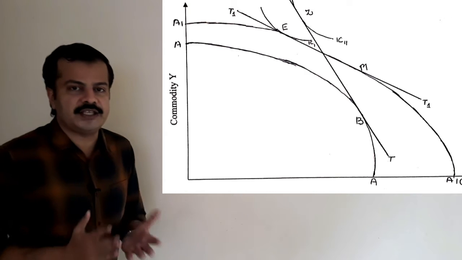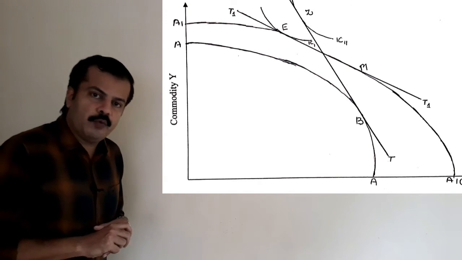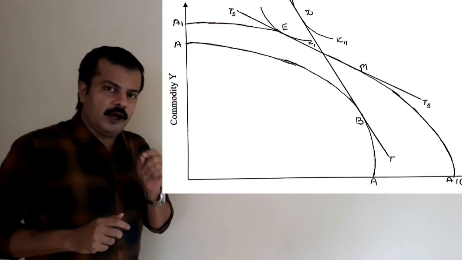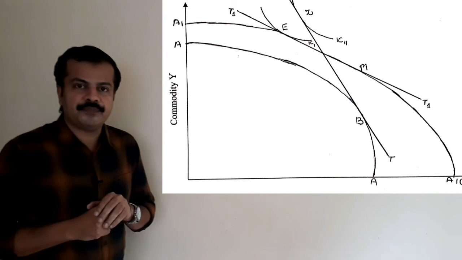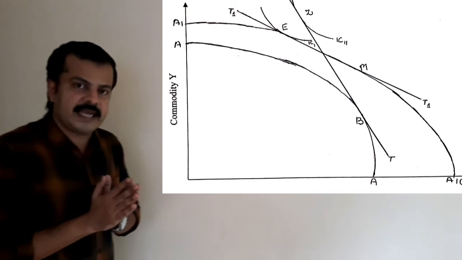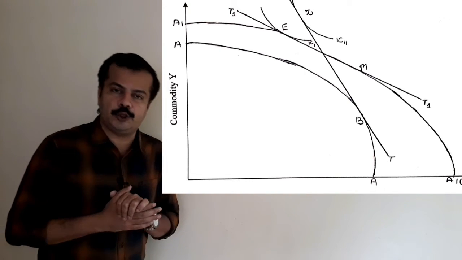So this is the initial situation of country 1. That is, before economic growth, the country produces at point B and consumes at point Z on indifference curve IC2.